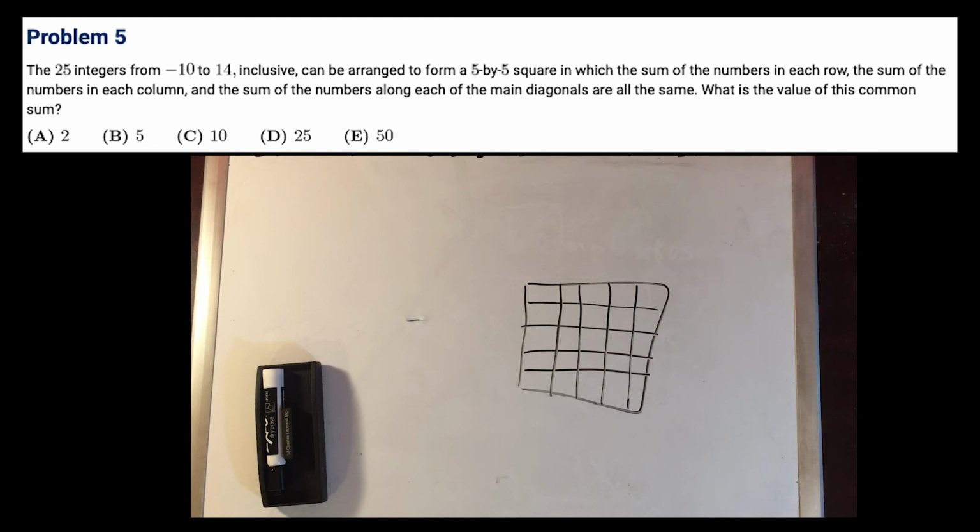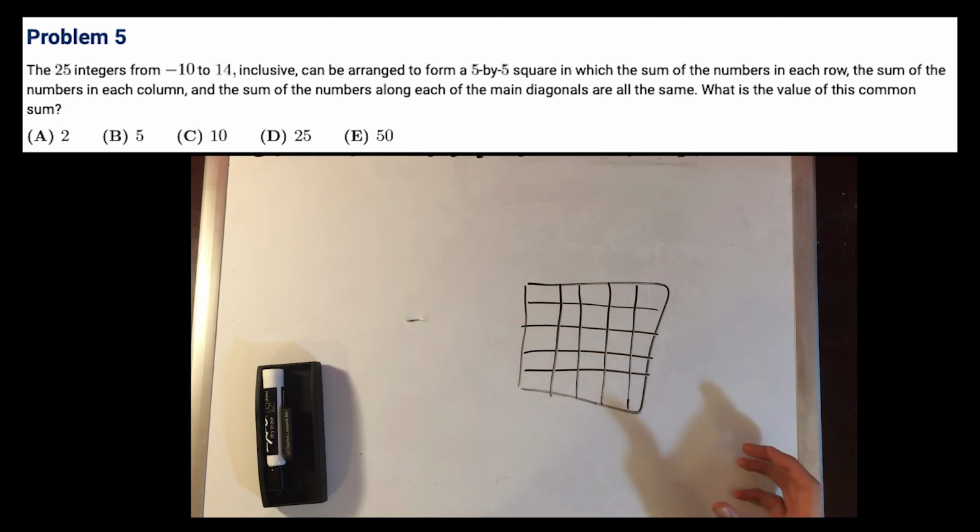So there's a clever way to solve this problem, and that is, we know the total sum of the entire square. We know the total sum of the entire square because we're given all the numbers that are in the square. So we can find what the actual total sum of the square is.